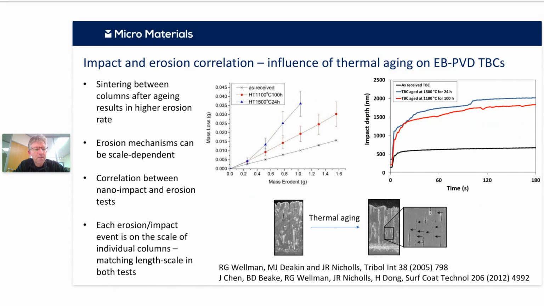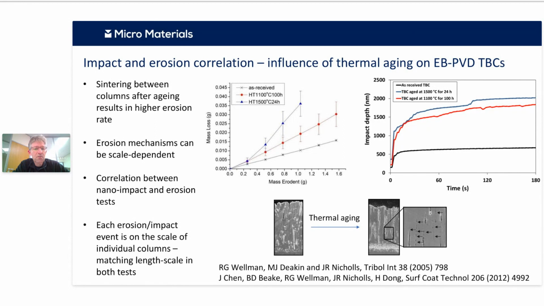When it thermally ages, the damage tolerance that the columns give you is reduced, and there's some intra-column sintering, and that leads to enhanced erosion rates. If you look on the top right there, you can see the nano impact tests on the same coating systems, and you can see that you get quite a nice qualitative correlation.